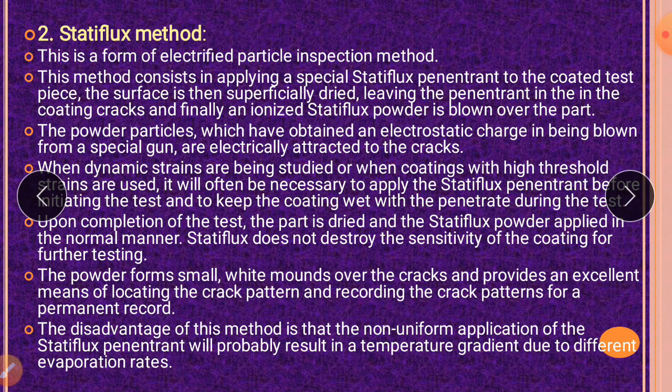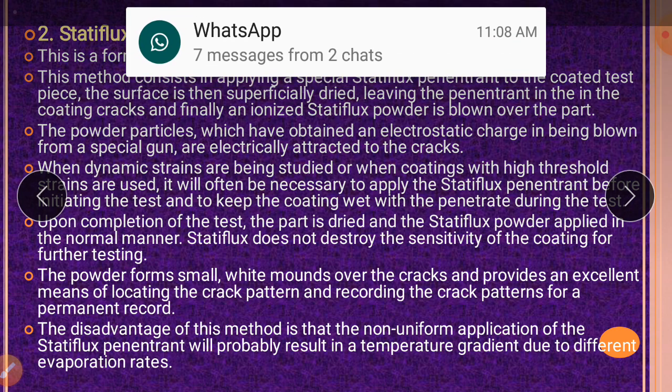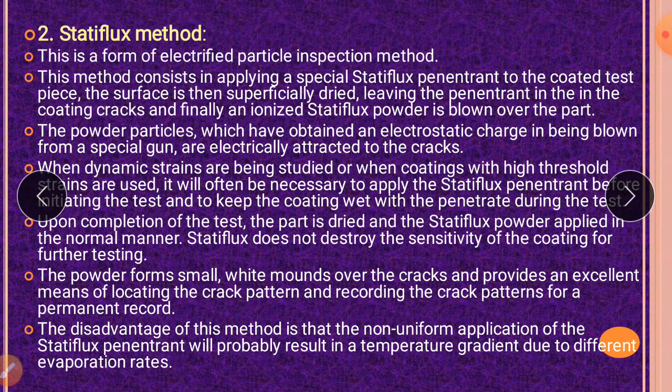The powder particles, which have obtained an electrostatic charge from being blown from the special gun, are electrically attracted to the cracks. Earlier we applied the Statiflux penetrant, and now we are applying Statiflux powder which is electrostatically charged. What happens when you blow it over? It is attracted towards the cracks electrically.